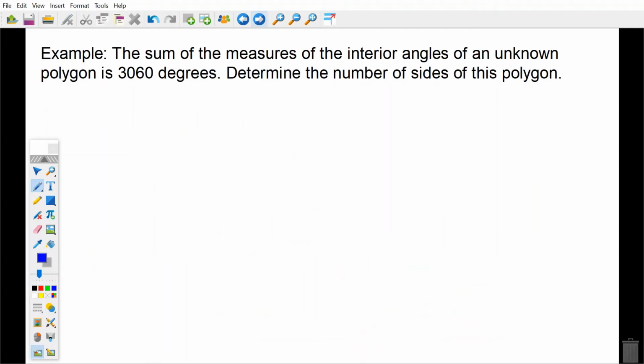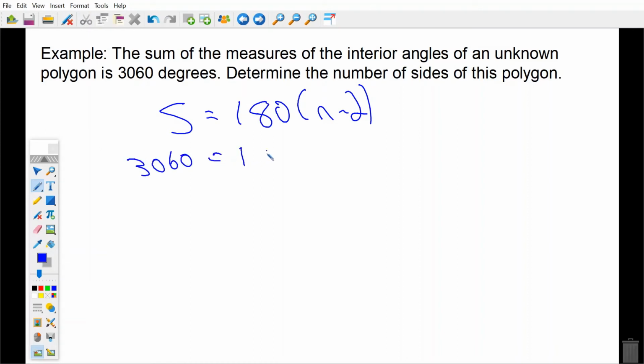This question says the sum of the measures of the interior angles of an unknown polygon is 3060 degrees. Determine the number of sides. All right, so this one, if we get our formula down, S equals 180 times (n minus 2). Here they're not giving us the number of sides, but instead they're giving us the sum, which is 3060. And they want us to find the number of sides. To solve this, we'd have to distribute first to get n by itself.